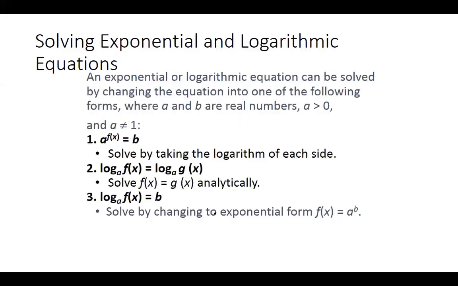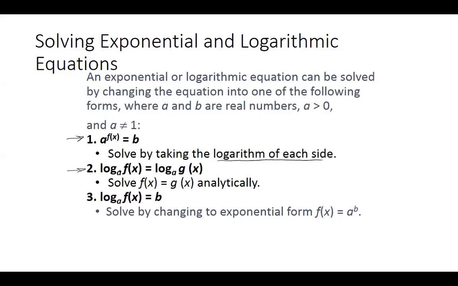So this would be a summary of what we talked about with those examples. You may want to pause the session and look at these methods that we reviewed. For the first one, we're saying that if I have a to the power of f of x equal to b, and when you're trying to solve for x, the method is to take a log of both sides.